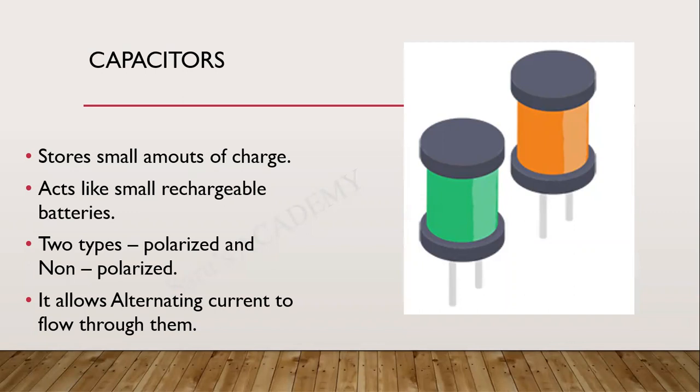Mainly, this capacitor is used. Why is it being used? It is used for energy storage purposes, for power conditioning, and to filter electronic noise, and even in remotes and in sensors.